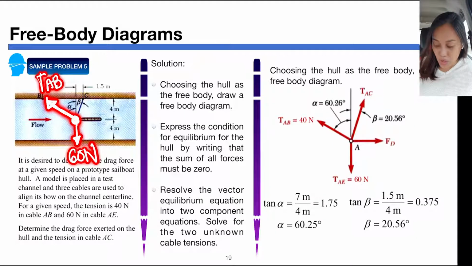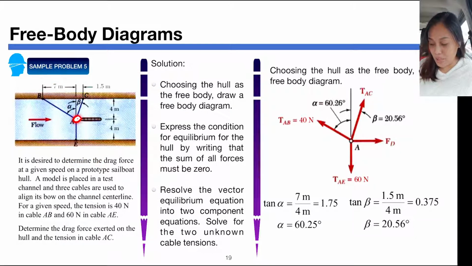So, ang question dayon is, unsa daw ang drag force? Drag force ani, kana siya, at a given speed. Given speed, so gibutang man siya diri sa channel. So, naa tay speed diha sa flow sa water. So, unsa dayon ang force or drag force ani nimong sailboat at point A.